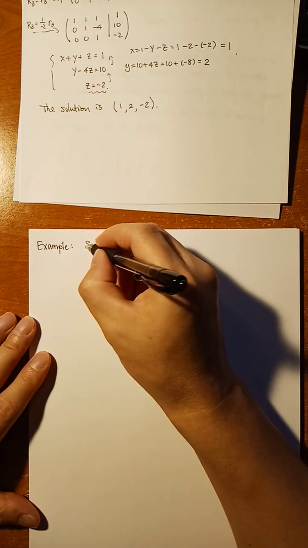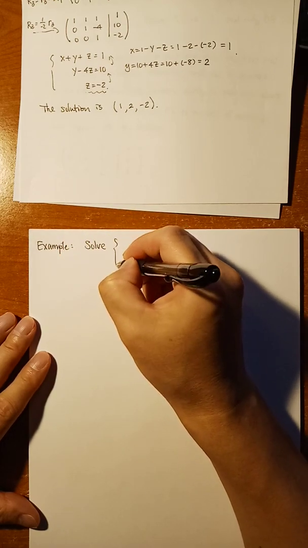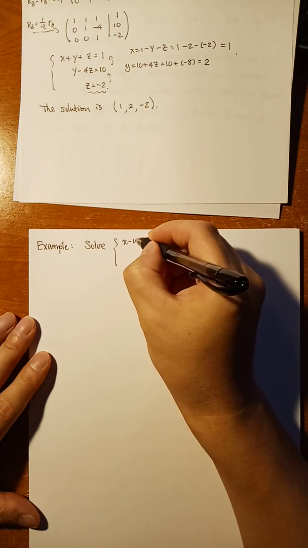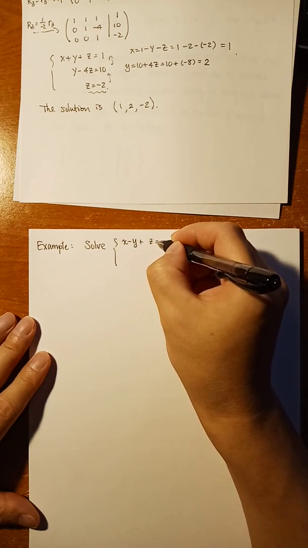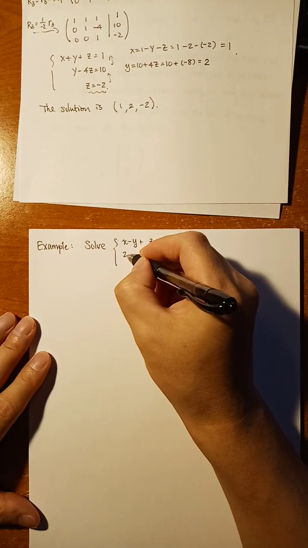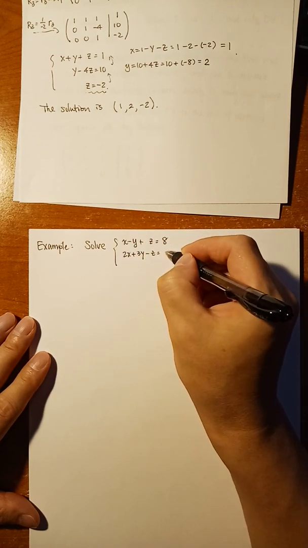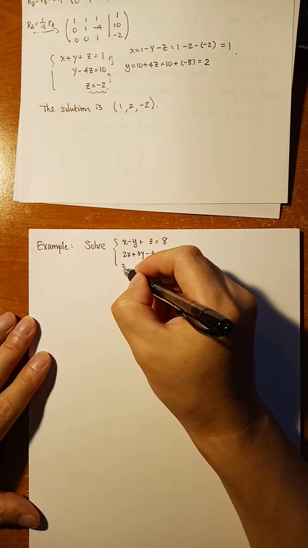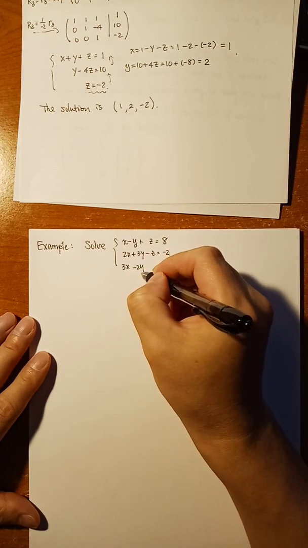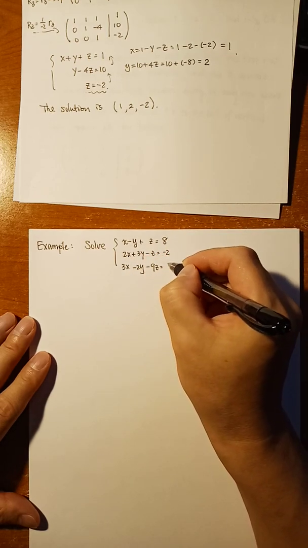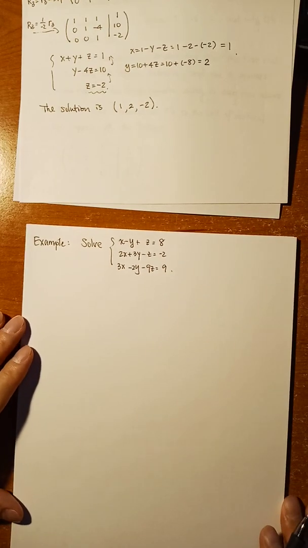Okay, so we're going to solve x minus y plus z is equal to 8, 2x plus 3y minus z is equal to negative 2, and 3x minus 2y minus 9z is equal to 9. Right?